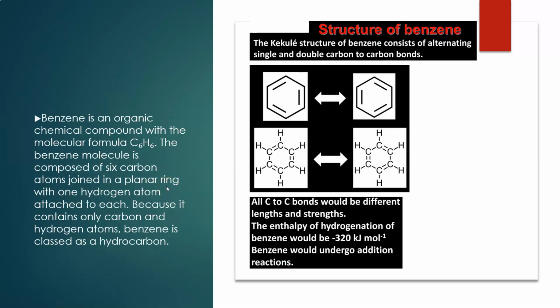Benzene is an organic chemical compound with molecular formula C6H6. The benzene molecule is composed of 6 carbon atoms joined in a planar ring with 1 hydrogen atom attached to each atom of carbon. Because it contains only carbon and hydrogen atoms, benzene is also a hydrocarbon.